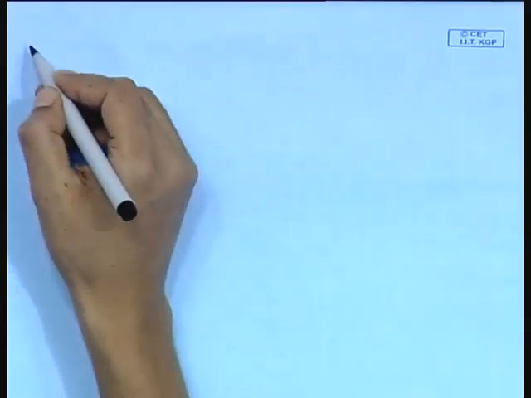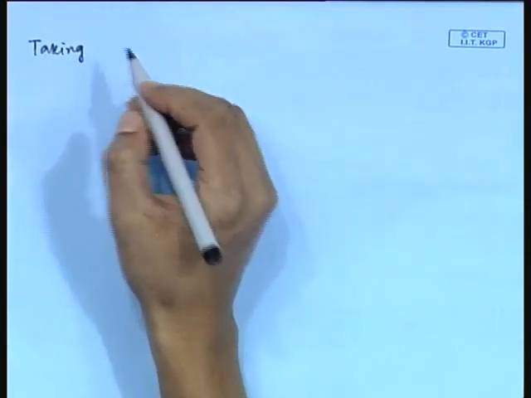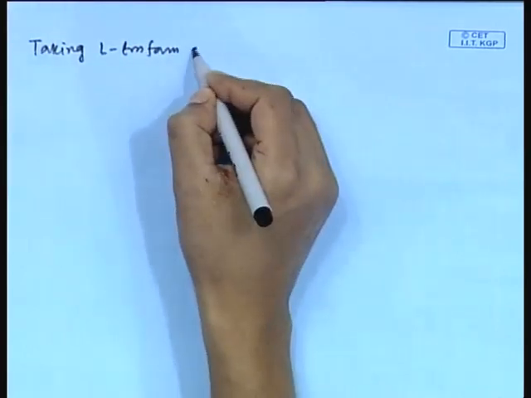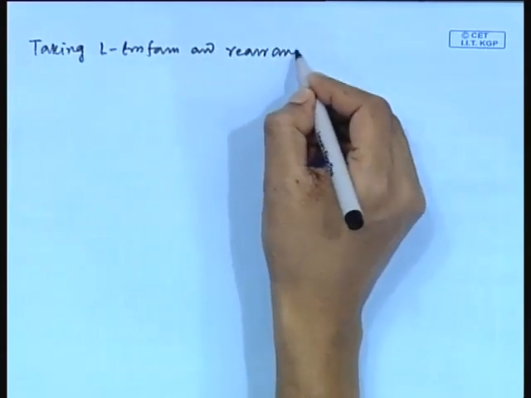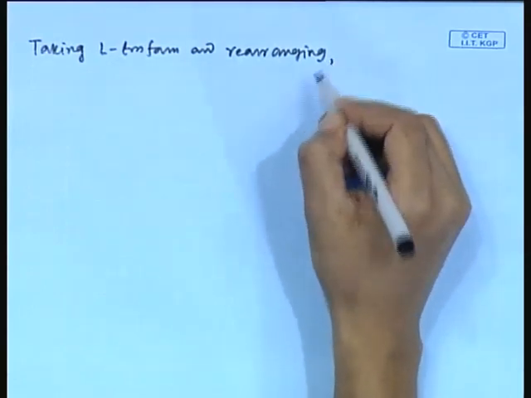Now, if we take the Laplace transform of these two equations and if we rearrange, we get finally the equations which I am writing next. I am writing the final expressions.